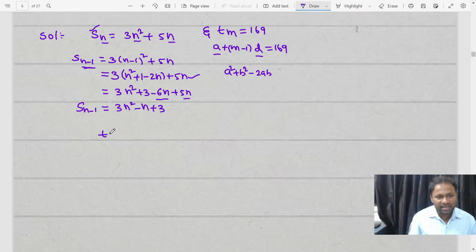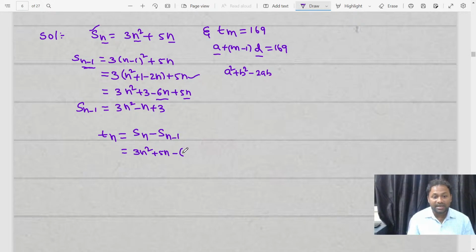We know the formula Tn is equal to Sn minus Sn minus 1. I will substitute here. What is Sn? Sn is nothing but 3n square plus 5n minus. Sn minus 1 means we need to write bracket. Sn minus 1 we have, what is that? 3n square minus n plus 3. Okay, now I will simplify.